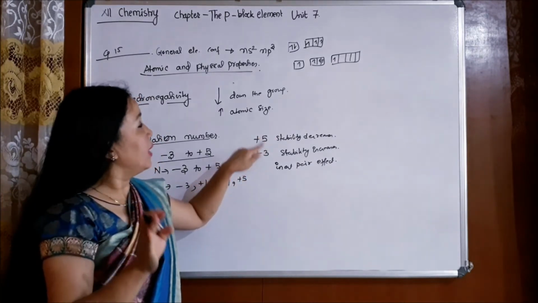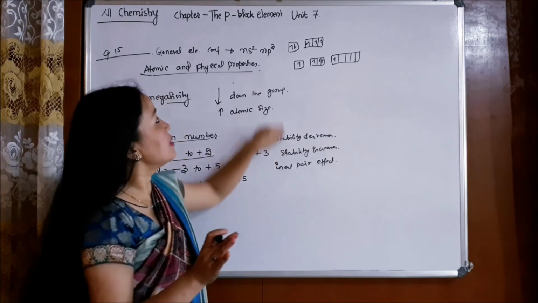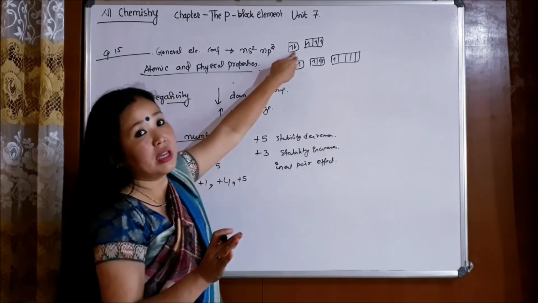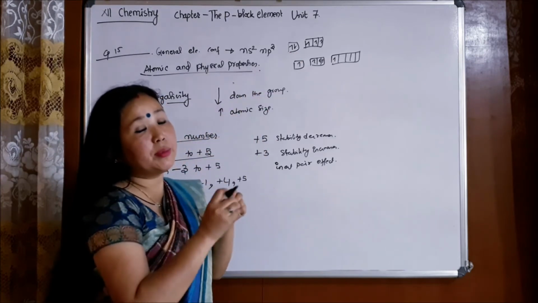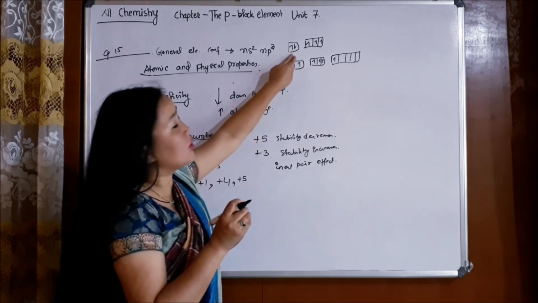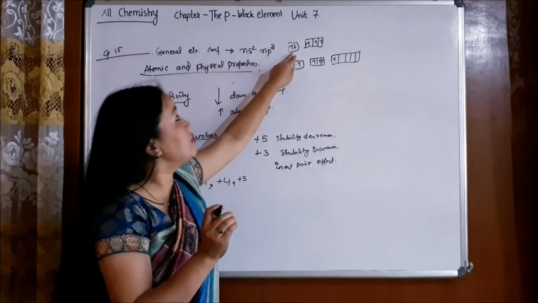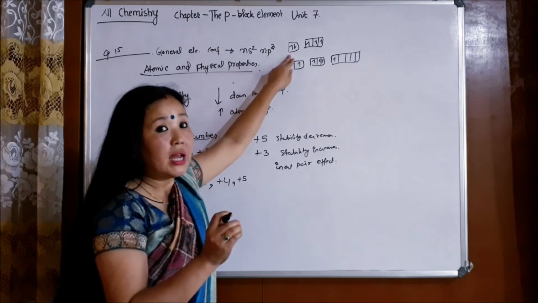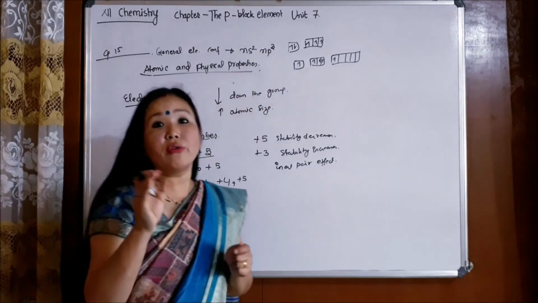But on moving down the group, this paired electron will not get unpaired easily. To unpair this electron a large amount of energy is required, so it remains paired. That means the s electrons will not be involved in bond formation.